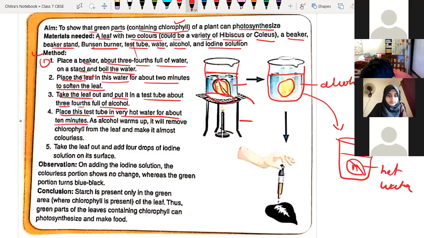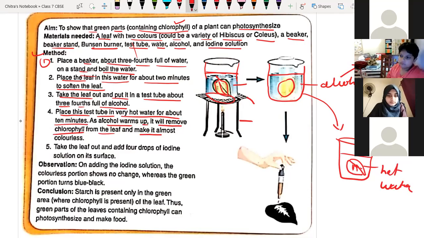As the alcohol warms up, it will remove the chlorophyll. See, what will happen when we keep that leaf in alcohol? The alcohol will remove the chlorophyll from the leaf.